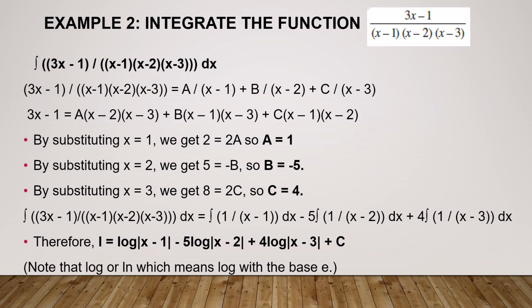Example 2. Integrate the function 3x minus 1 upon (x minus 1)(x minus 2)(x minus 3). Now here you can see the numerator is again linear, 3x minus 1, but the denominator is of degree 3. As I told you previously in the list which was given, this is of the type in which your denominator has 3 factors.